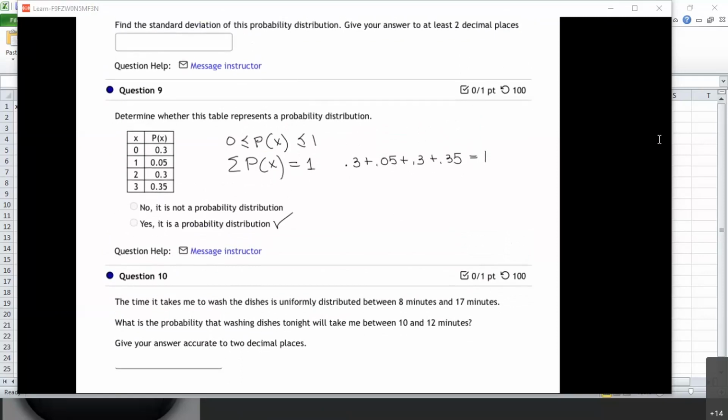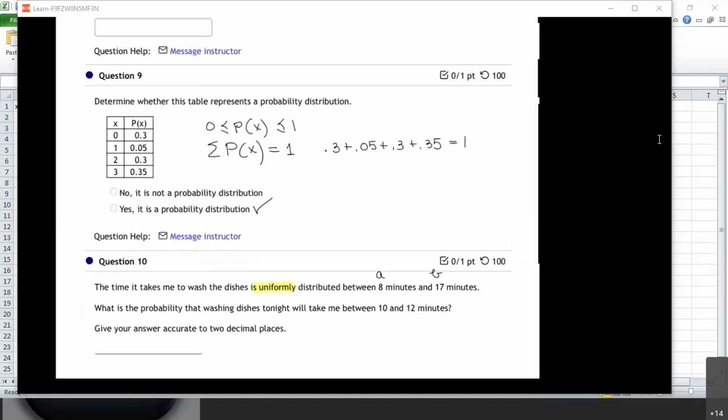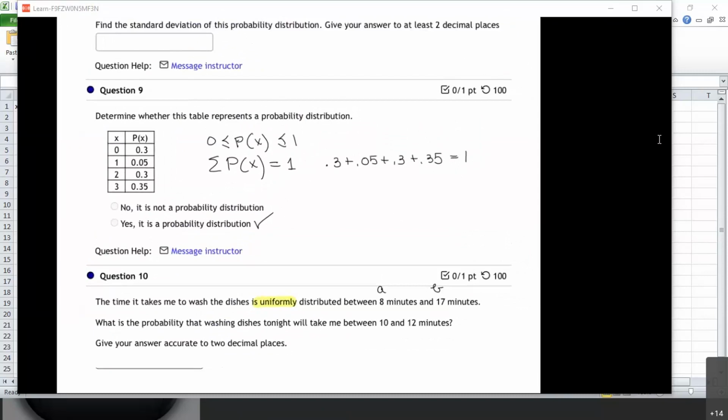Question 10 is a uniform probability. They tell you it's uniformly distributed. The time it takes you to wash dishes is uniformly distributed between 8 minutes and 17 minutes. If you remember, uniform probabilities have this A and B that are the endpoints of the interval you're interested in.